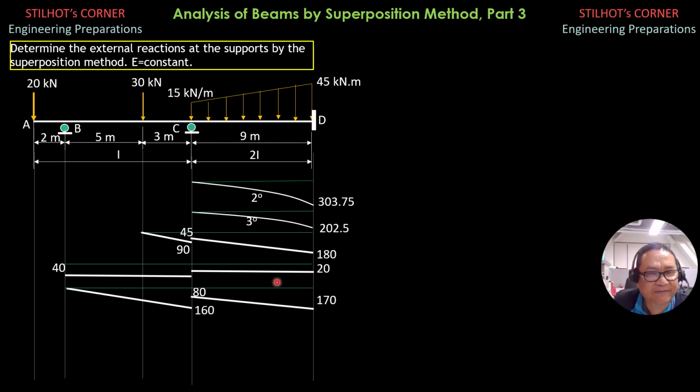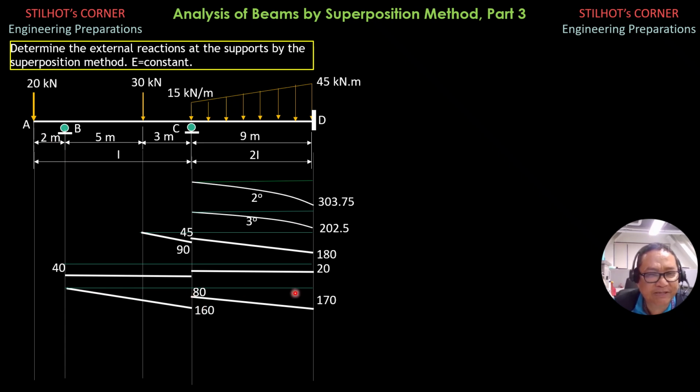Then finally, for the other effect, because we imagine there is 20 here, 20 times 8 is 160. As it enters C to D, 160 divided by 2 is 80, and 20 times 17 is 340 divided by 2, so 170.